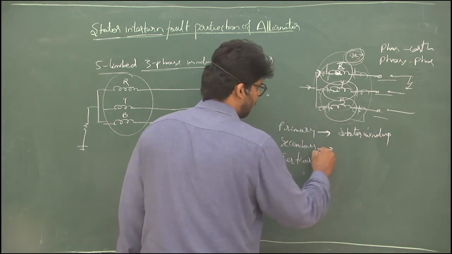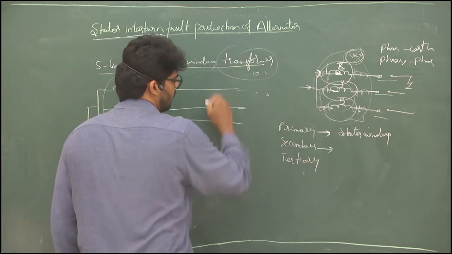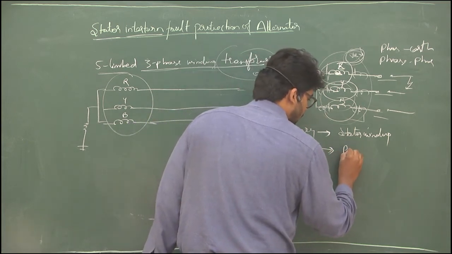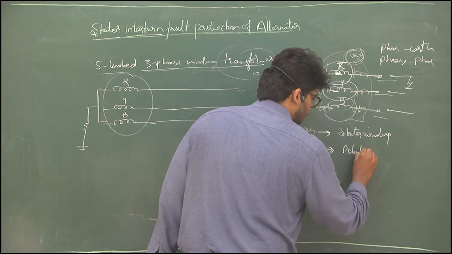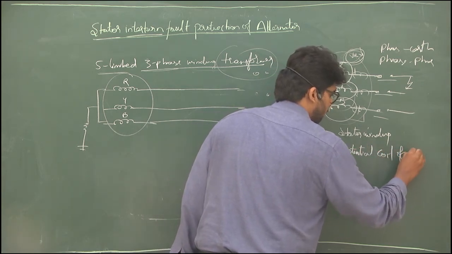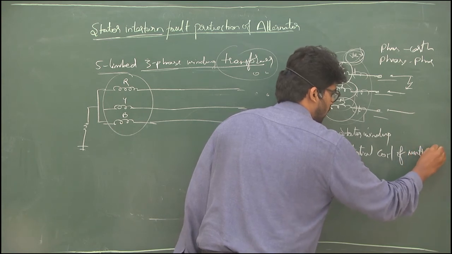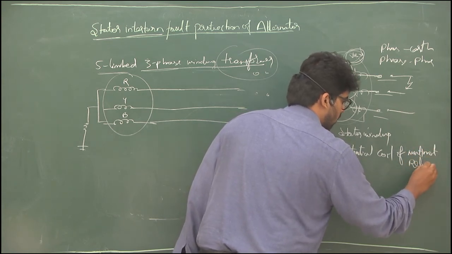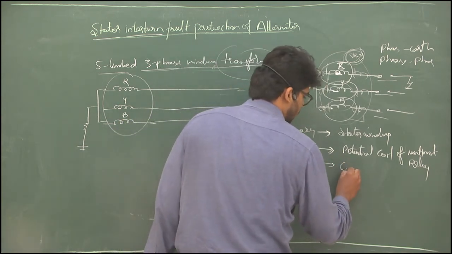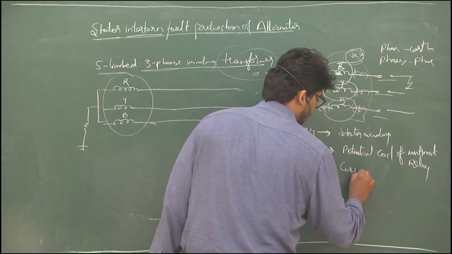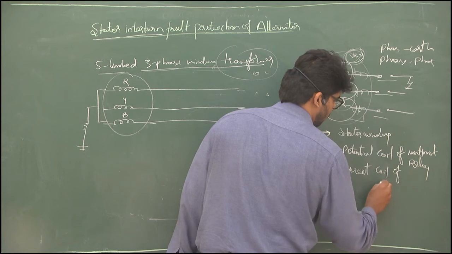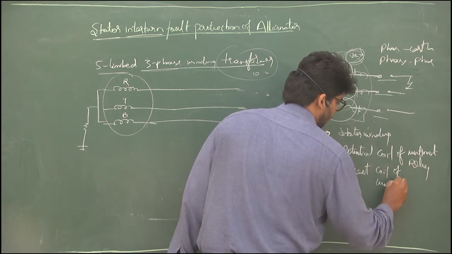The secondary of the transformer is connected to the potential coil of the wattmeter relay. And the tertiary is fed to the current coil of the wattmeter relay. I'll explain how the connection will be.